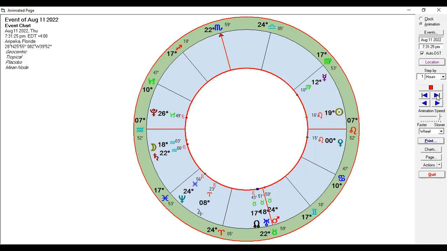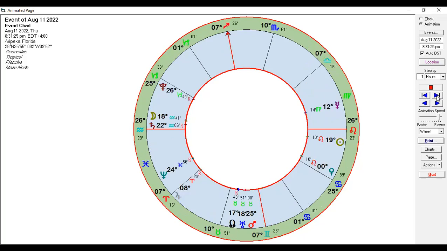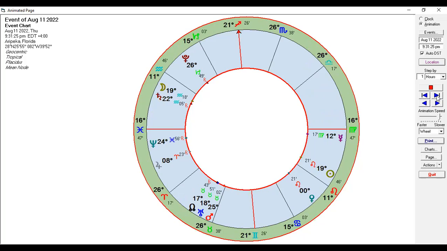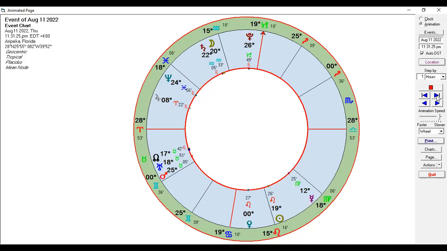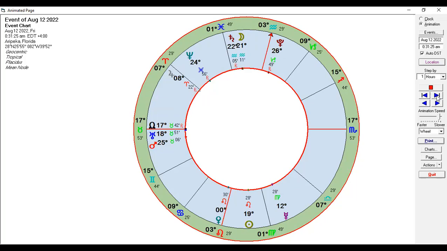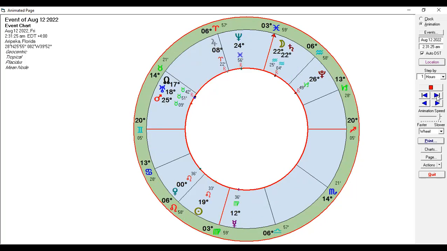So we got square, and now we get 18, it's squaring Uranus, and then it will oppose the sun, and then it will go on, 19, 20, 21, 22. Okay, so then the moon goes over and conjuncts Saturn.